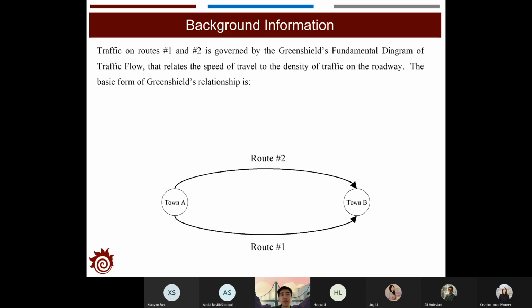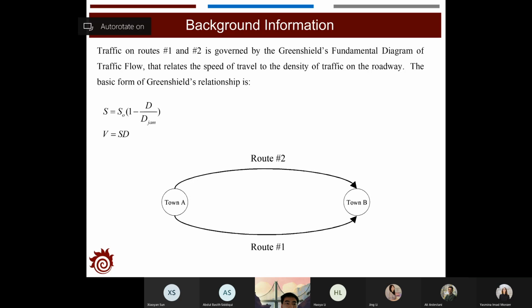First of all, both routes, Route 1 and Route 2, are governed by the Greenshields fundamental diagram for the traffic flow, which shows the flow-density, speed-density, or flow-speed relationship. This is the basic format of the Greenshields fundamental diagram.